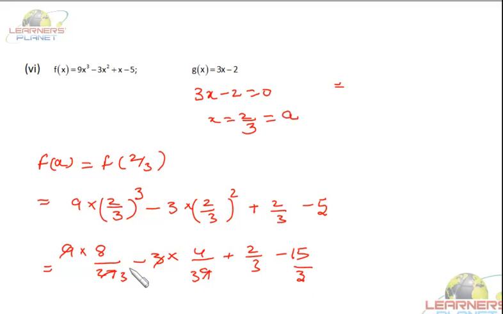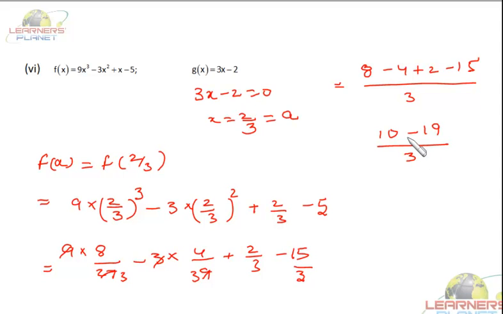Now 8 minus 4 plus 2 minus 15 by 3. So 8 plus 2, 10, minus 19 by 3. So it's minus 9 by 3, which is minus 3. That means if this expression is divided by this expression, we will be getting the remainder as minus 3. Okay, very simple. Let's take one more problem.